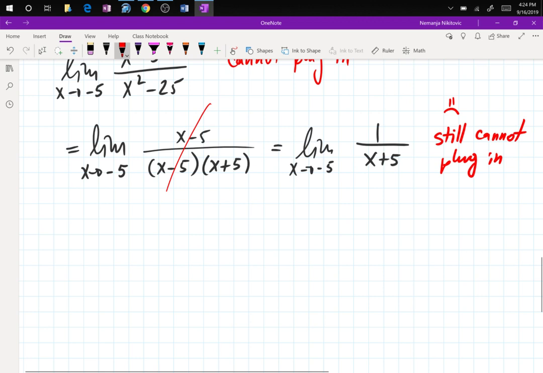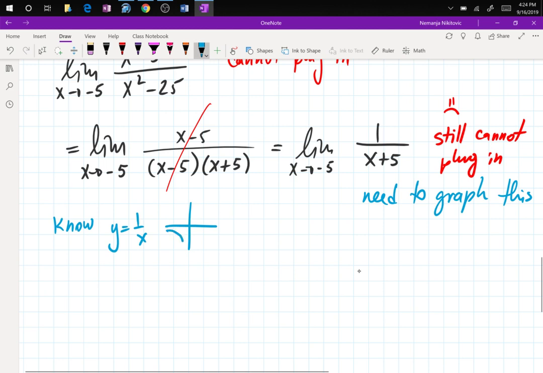So what we know is that y equals 1 over x looks like this. Right, that's what we know.